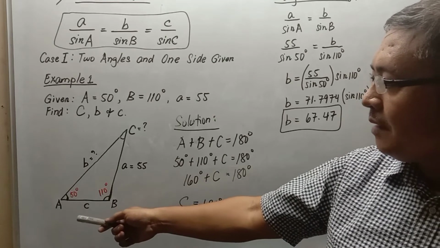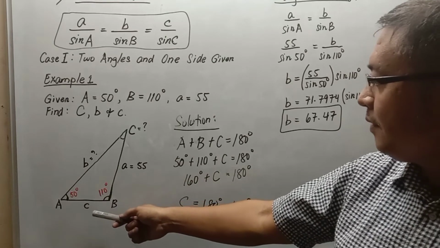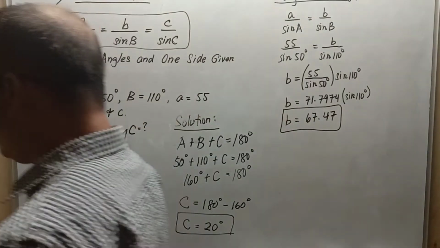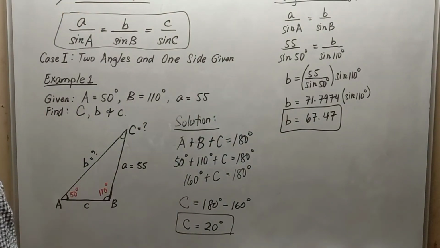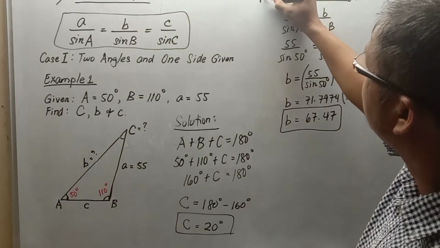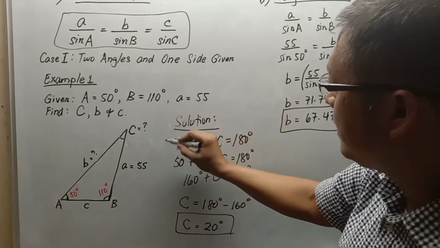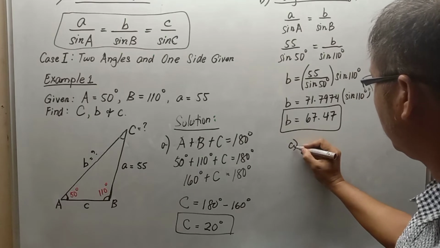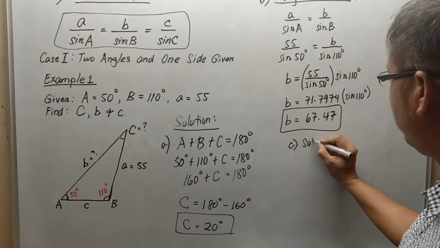Now, the last requirement that we need to find is C, the dimension or value of C side. Again, we need to apply the same sine law.